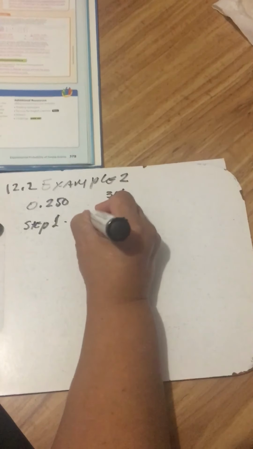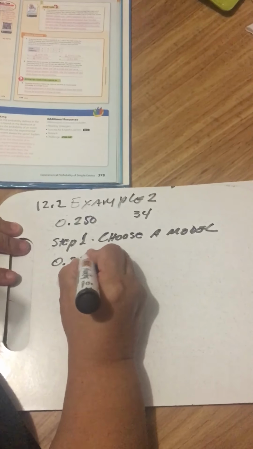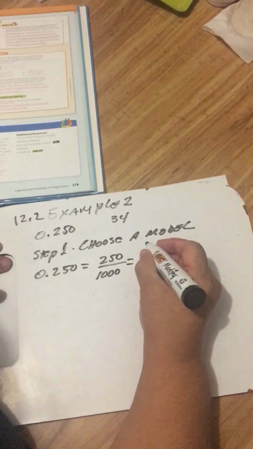Okay, step 1. Choose a model. Now, the batting average is 0.250. That's equal to 250 divided by 1,000, then it's going to be 1/4.